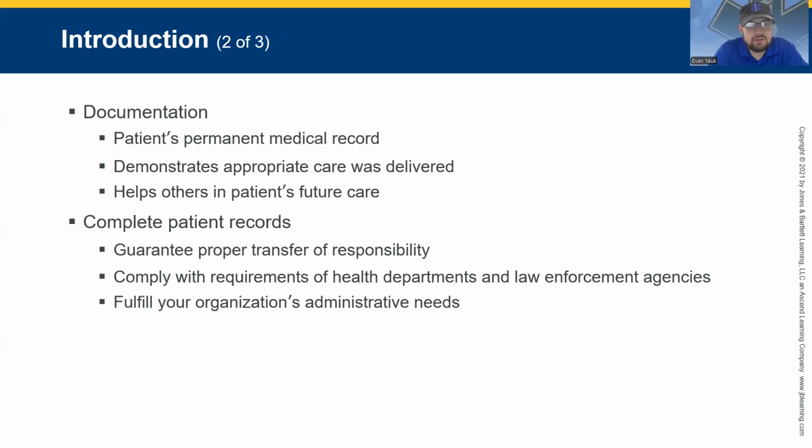And then documentation: the patient's pertinent medical record. It demonstrates appropriate care was delivered and helps others in the patient's future care. A complete patient record guarantees proper transfer of responsibility, complies with requirements of health department and law enforcement agencies, and fulfills your organization's administrative needs.